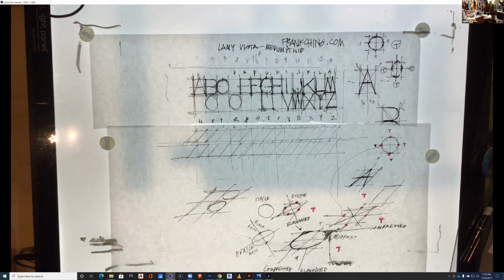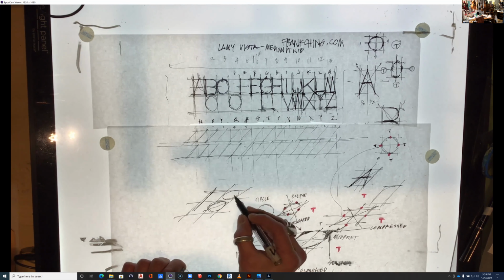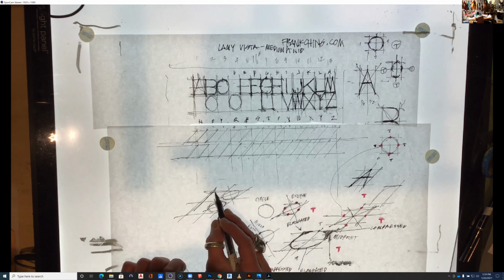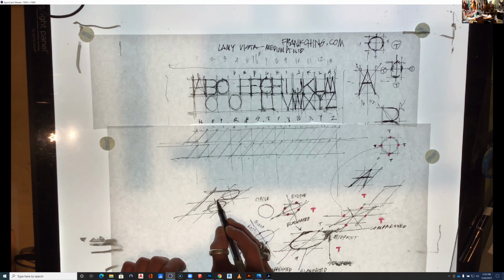I haven't done a very good job at drawing this, but the letter B is two ellipses. They're compressed and elongated.